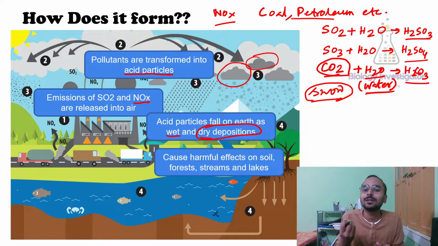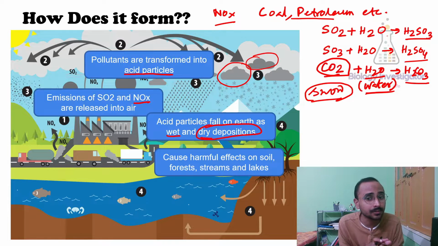And in these snow particles, acid particles are also mixed. So whenever snowfall happens along with acid particles, we can call them dry depositions. They are not normal snowfall, they are acidic snowfall.